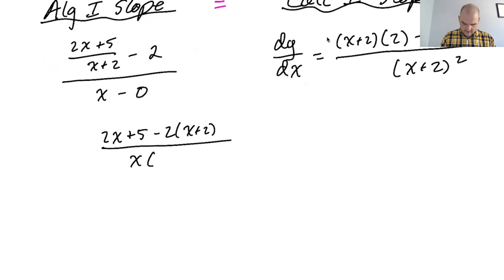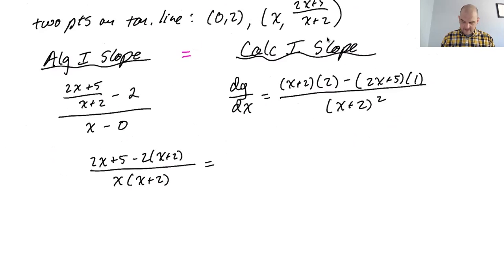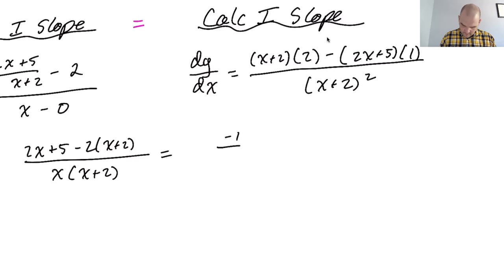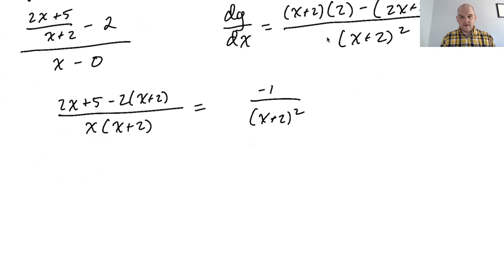Still got to be good at algebra. That's never going to go away. It's not really fully simplified, but we can get there. And then over here, I'm going to get 2x plus 4 minus 2x minus 5. So 2x and minus 2x gone. 4 minus 5, negative 1 over (x plus 2) squared.